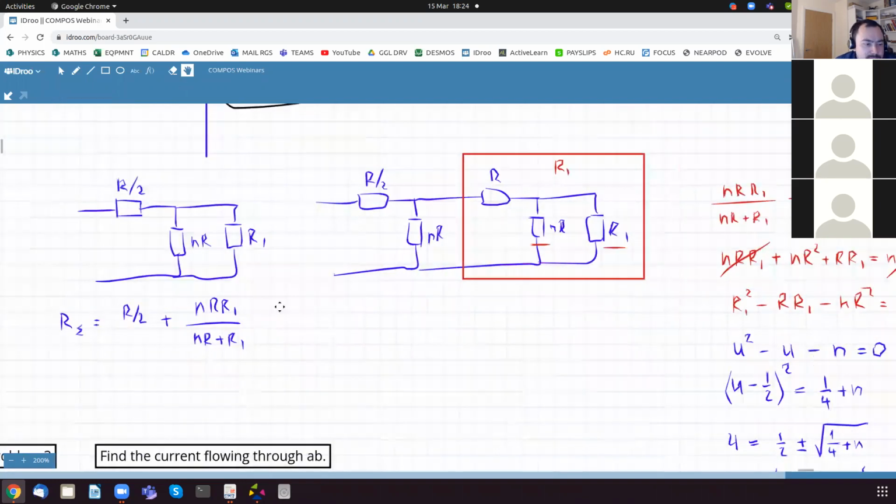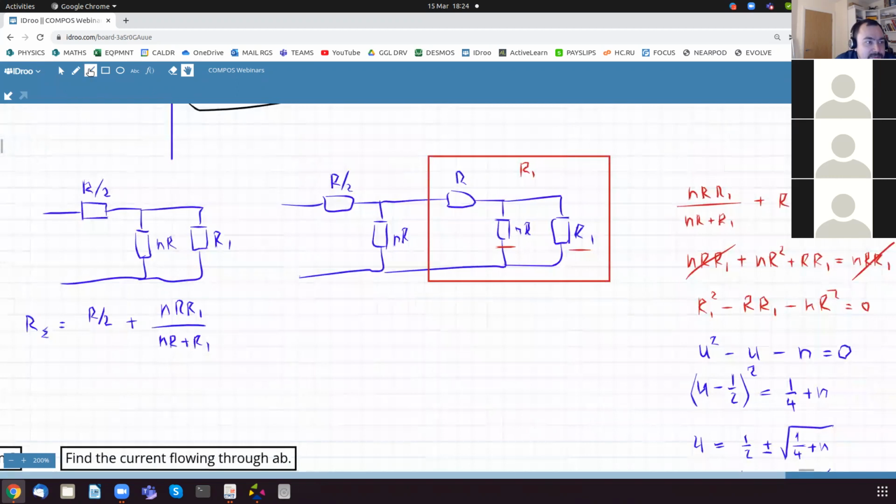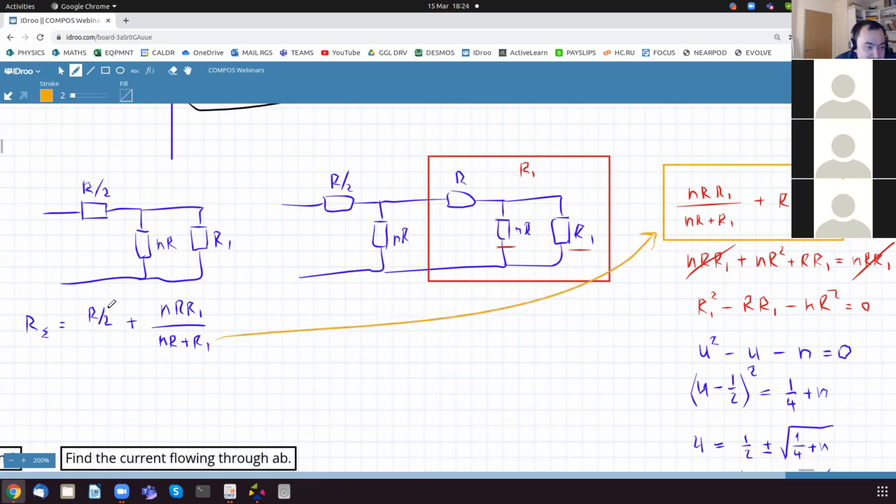Now, this really reminds me of something, and that something is here. Would you look at that? I already have this fraction, which I really don't want to simplify again.